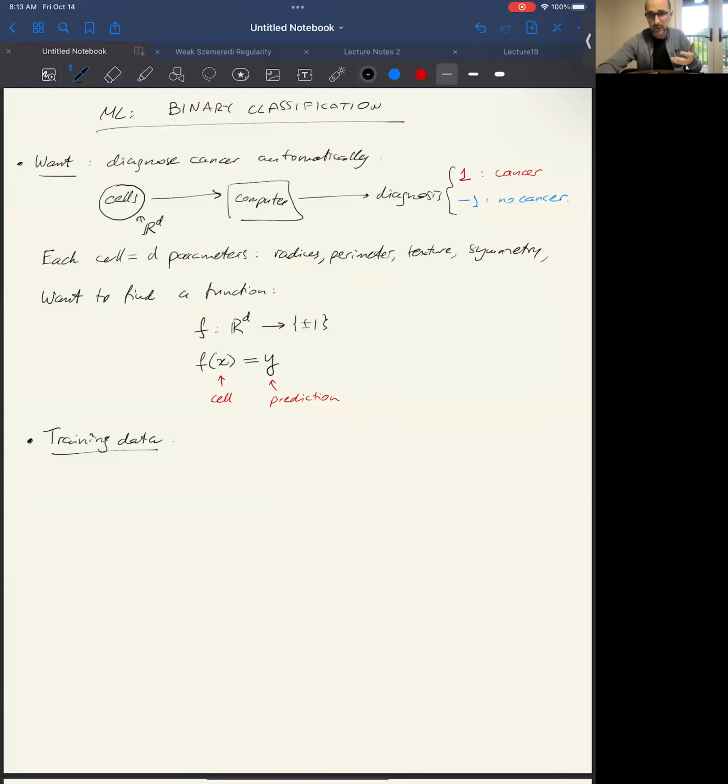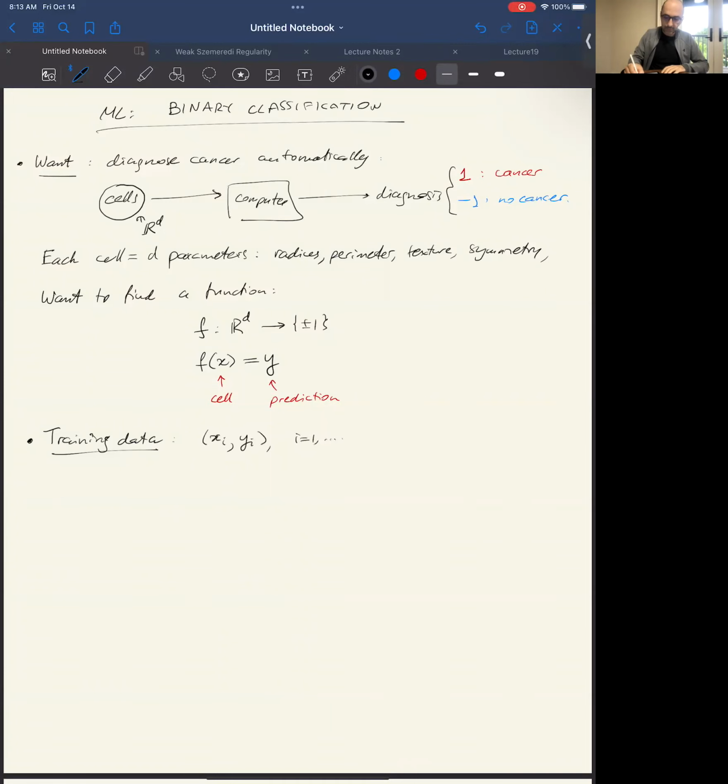You give us a lot of cells that have already been diagnosed. Okay, and we will put this in the computer and let the computer learn from that. So the training data comes in this form: x_i, the cells; y_i, the diagnosis.